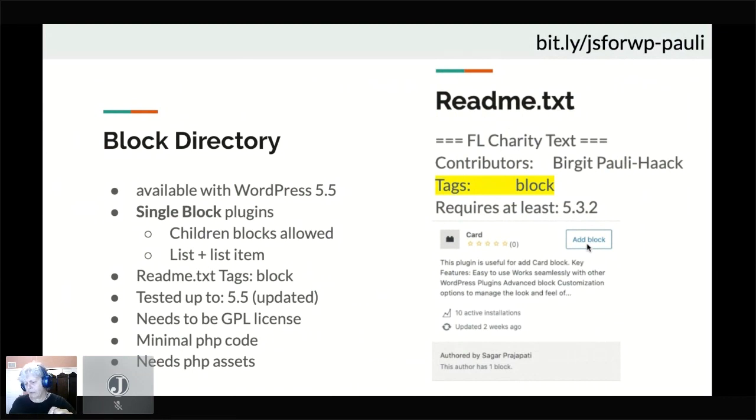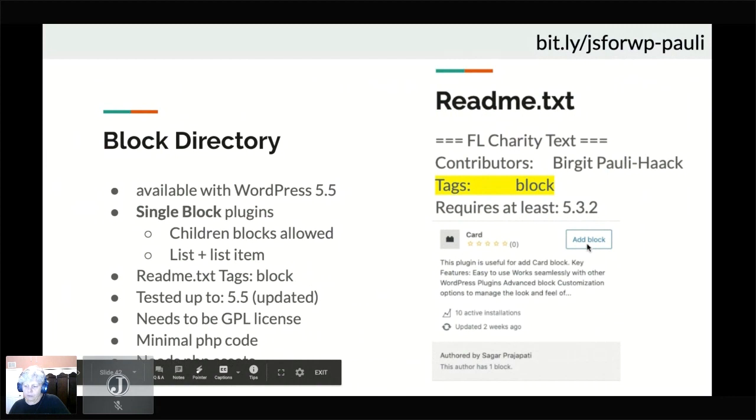I have not seen any specification how much they read, but they also show from the plugin repository the ratings, the active installs, and when it was last updated. And of course who the author is, and if the author had other blocks as well, so you could look for other blocks there.